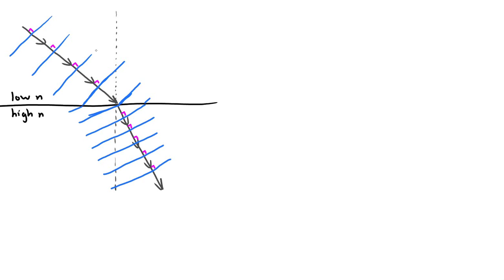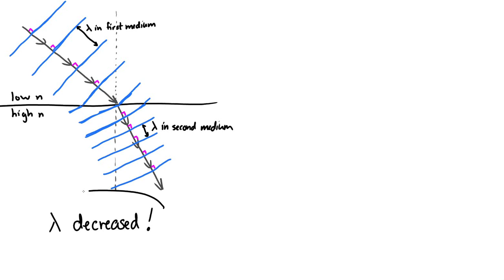Now, when they enter the new medium, look what happens. They're closer together. So what does that tell us about the wavelength? Well, when we went from a low N to a high N, the wavelength decreased. The wavefronts are closer together, so the wavelength is smaller in the new medium.